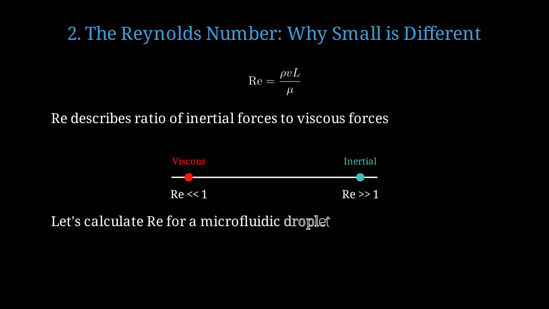Let's calculate the Reynolds number for a typical microfluidic droplet to see what regime we're working in. Let's say our characteristic length is 100 micrometers, or 10^-4 meters. A typical droplet velocity might be 1 millimeter per second, or 10^-3 meters per second. Water density is about 1,000 kilograms per cubic meter.